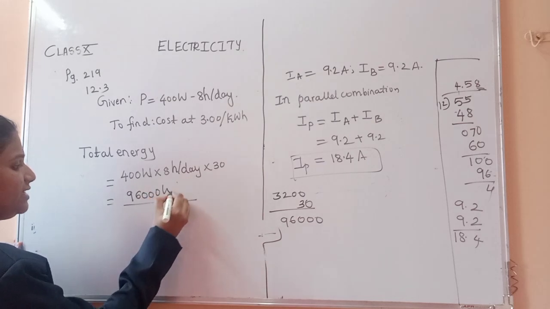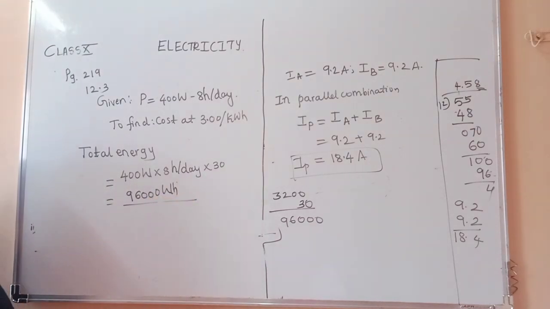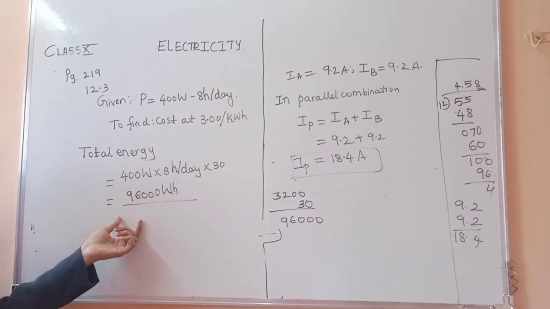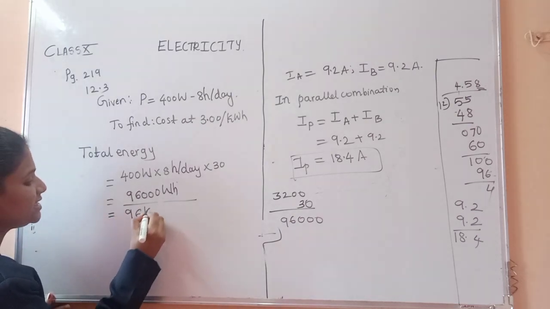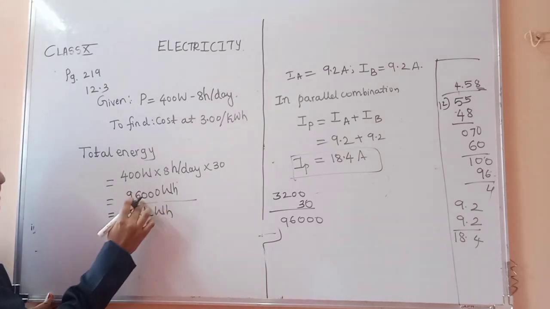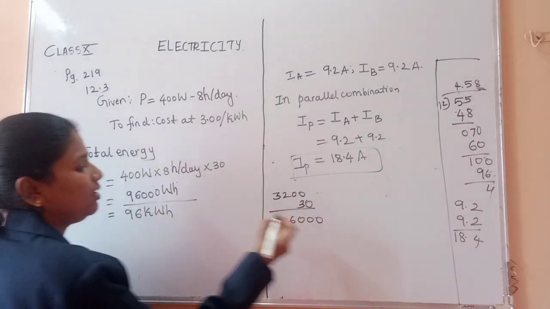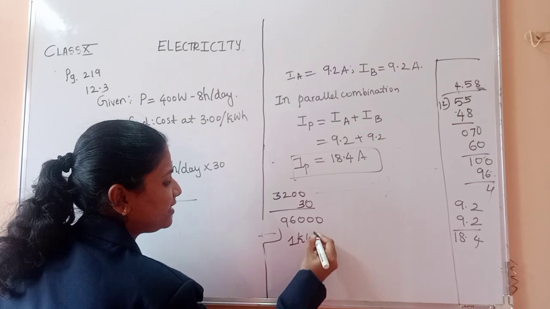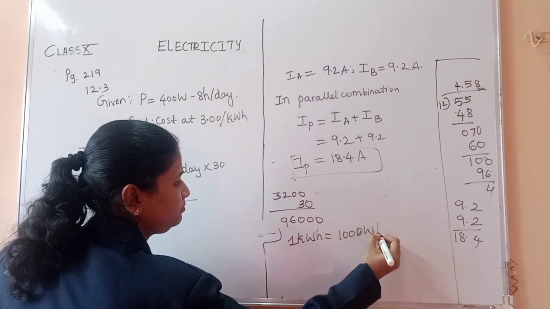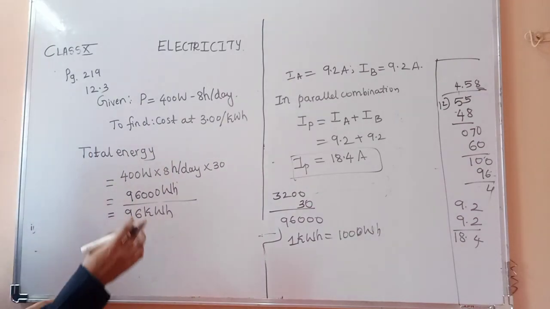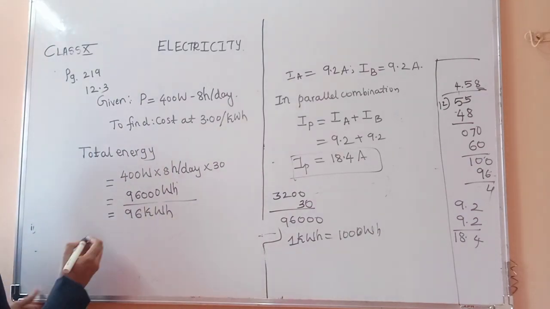As we want it in kilowatt hour, we can write this as 96 kilowatt hour, because 1 kilowatt hour is equal to 1000 watt hour. So 96 kilowatt hour.